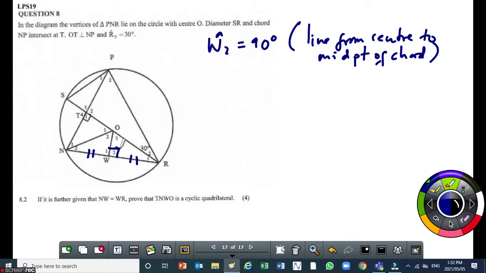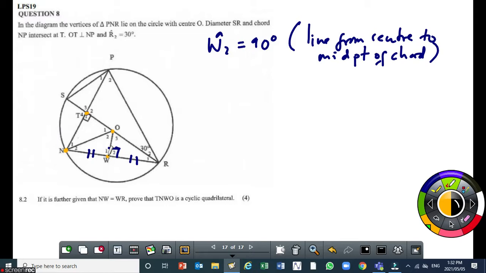Now, T is this point here. Let me just illustrate it quickly. This question is not so difficult. Actually, it's so easy. TNOW, what it means is that I can draw a circle passing through those 4 points. The circle is not drawn, but it can be drawn.